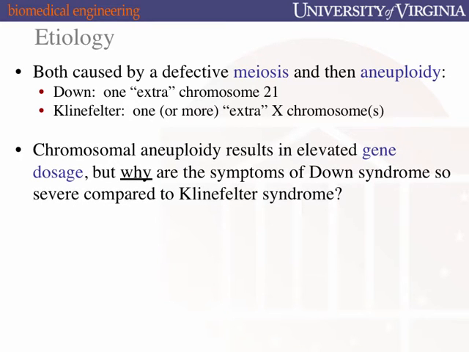Both of these aneuploidy events are going to have the potential to cause an elevation in gene dosage. Gene dosage refers to the number of copies of a gene, and then by extension, the number of copies of every gene product that is encoded in that gene. At a first pass, what occurs, let's say for a Down syndrome patient, you have an extra chromosome 21.